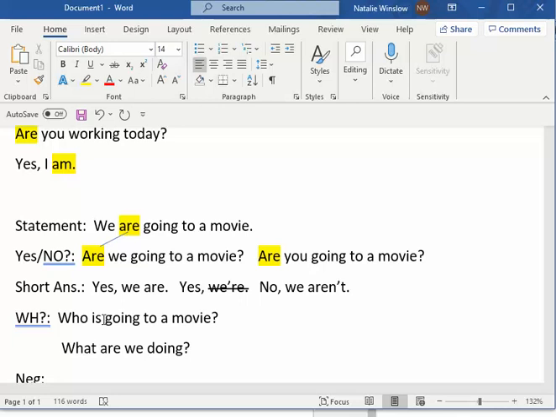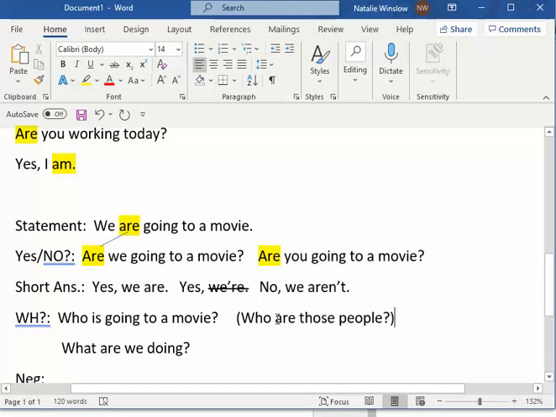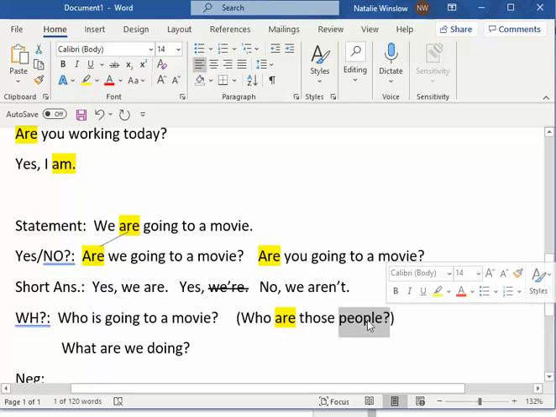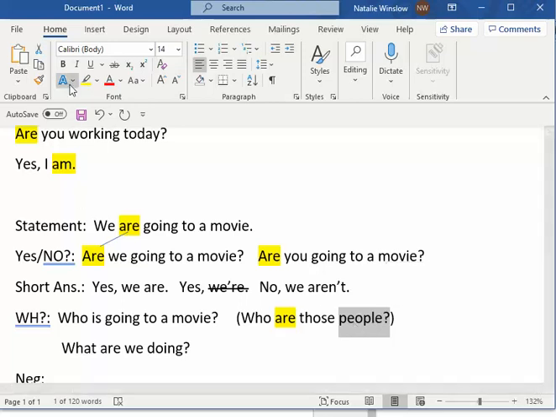And then I just made a little note down here to explain. Sometimes you can ask a question with who with a plural verb, but it must be followed by a plural predicate, though you don't have to know the name.